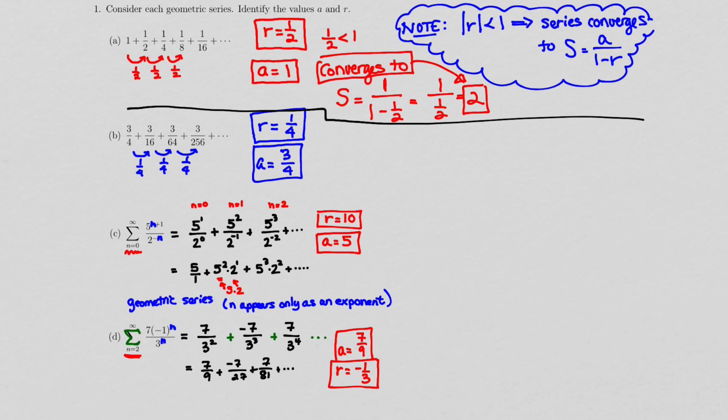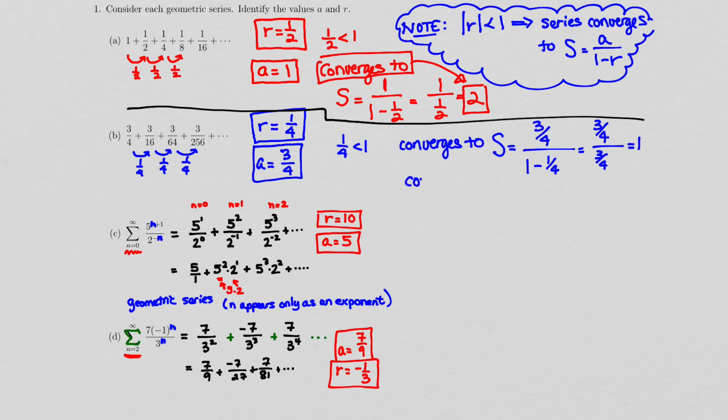And the second one, R is 1/4, that's less than 1, so this guy converges to 3/4 over 1 minus 1/4, or 3/4 divided by 3/4, which is just 1.